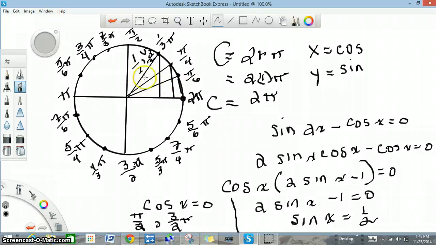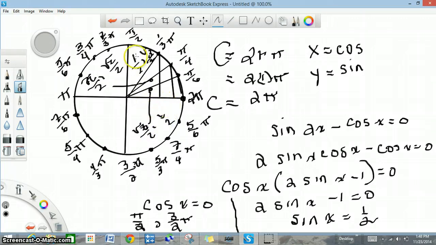Moving down the line here, we're going to get, right here, radical 2 over 2, comma, radical 2 over 2. And then here, at pi over 6, we're going to get radical 3 over 2, comma, 1/2.